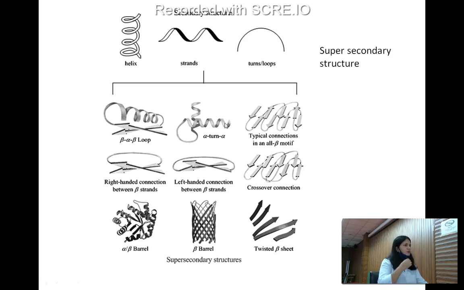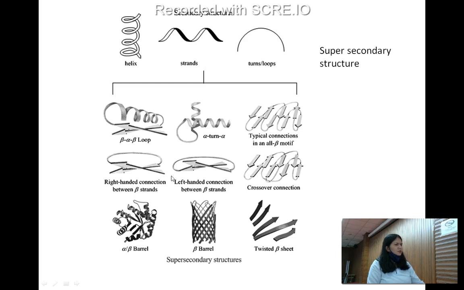So in the exam, they used to ask for a short note on super secondary structure. First of all, you define what a super secondary structure is. Give examples, and you can draw some diagrams of super secondary structure, and state the functional importance of this structure. Clear? One example is the beta, alpha, beta loop, then alpha turn alpha, then it may be a typical beta motif, twisted beta sheets, or a beta barrel.